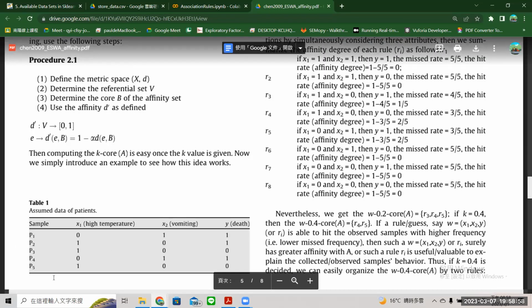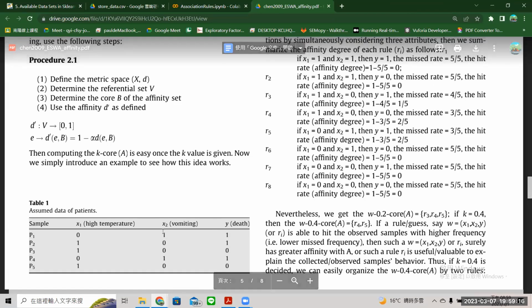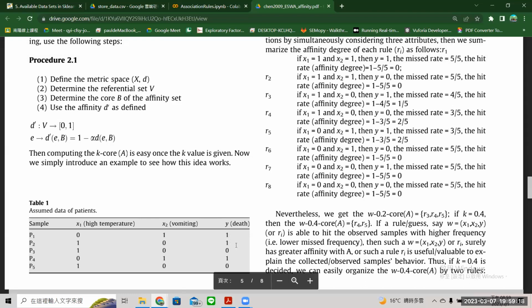For example, I have 5 samples, right? And I found the 2 important symptoms, and these are the causes. I try to figure out which cause is more important, leading to death. One means yes, I observe this symptom, and zero means no.